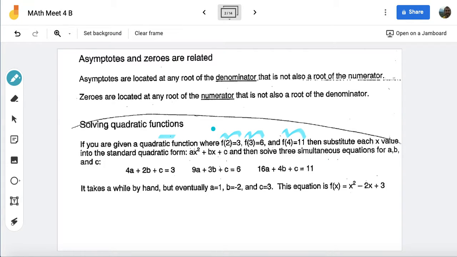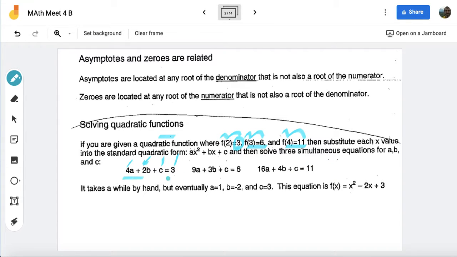So you can take the x value, which was 2, and square it. So a times 2 squared plus 2b plus c equals 3, because they said it equals 3. And then you can write another equation with 3 and 6. So 9a plus 3b plus c equals 6. And then you could do the same thing with 4 and 11. 4 squared a plus 4b plus c equals 11.